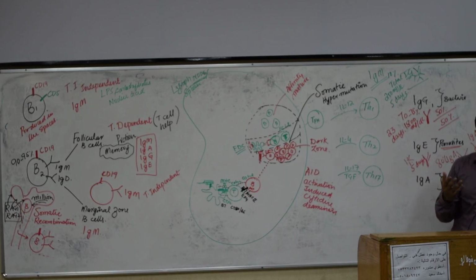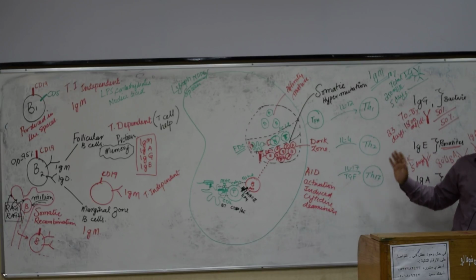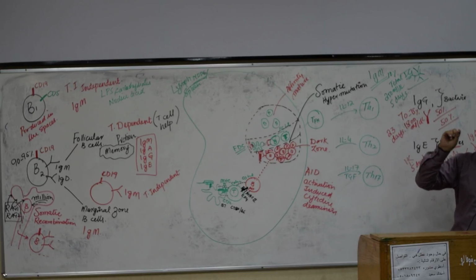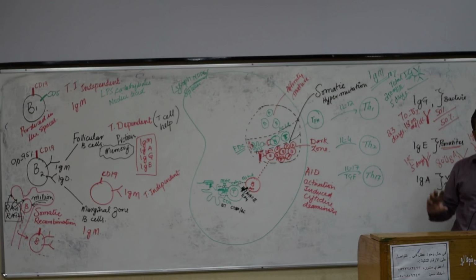Then there is another condition which is called agammaglobulinemia. The word tells you A means absent, gammaglobulinemia means gamma globulins, all IgM, IgG, IgD and IgE. Why? Because when they are in the bone marrow, this enzyme BTK, Bruton tyrosine kinase, is defective. So the progenitor B cells will not convert into pre-B cells and mature B cells.